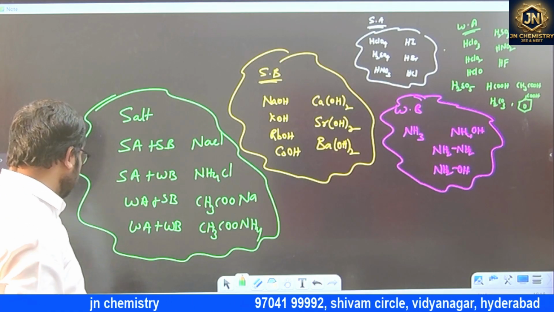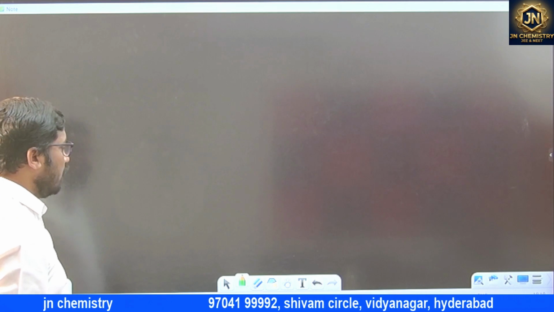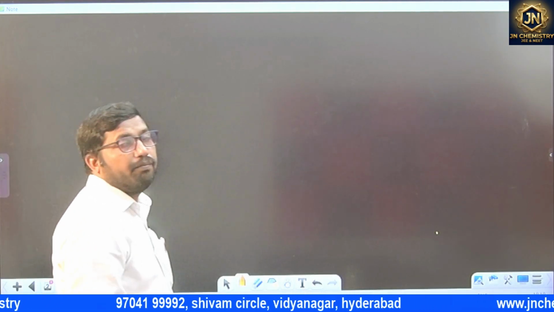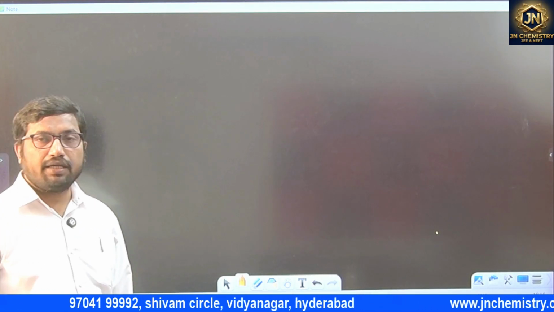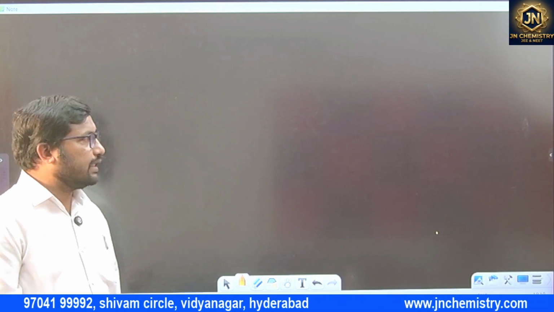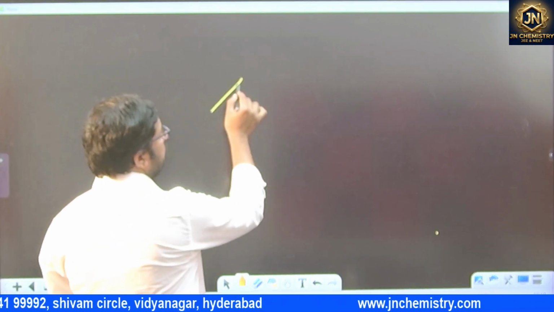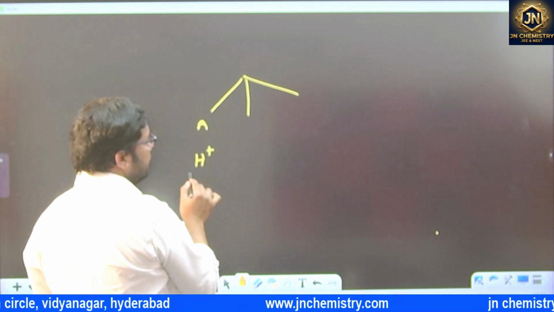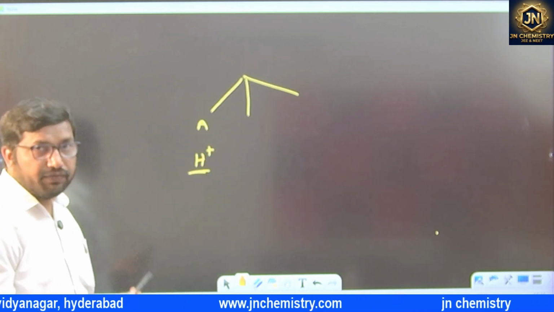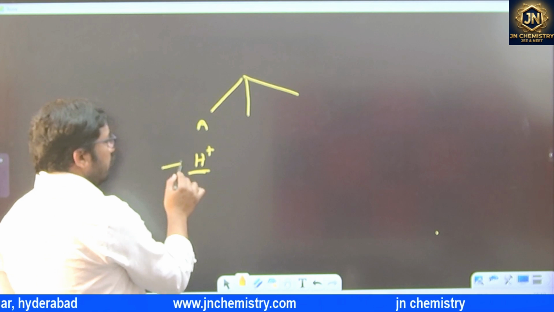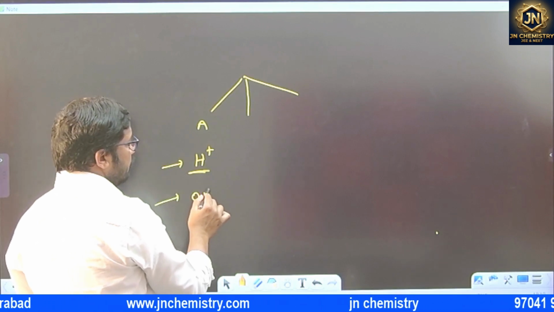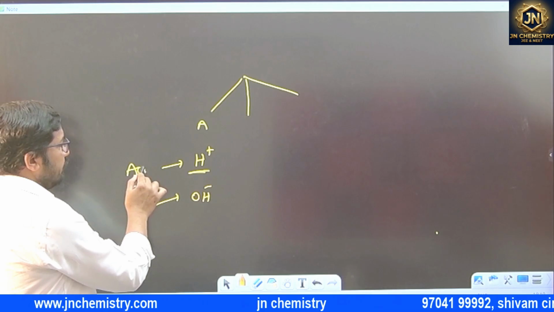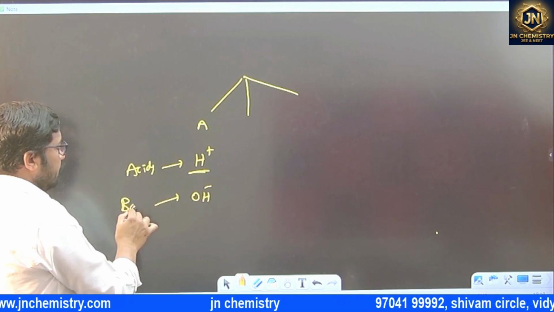Then afterwards we discussed Arrhenius acids, then Bronsted-Lowry theory and Lewis theory. 3 acid-base theories we discussed. According to Arrhenius theory, the compounds which give H plus ions in aqueous water are acids, and the compounds which give OH minus ions in water are called bases.